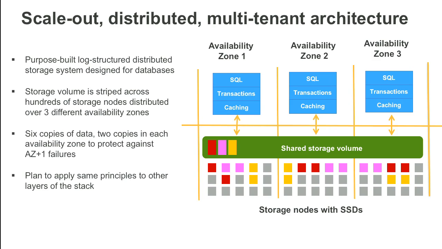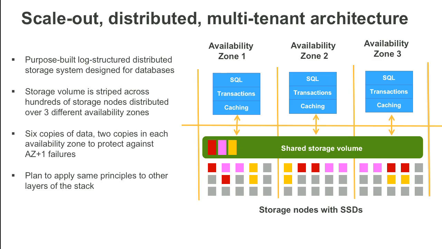So let's start with the first big pillar, if you will, a scale-out distributed multi-tenant architecture. Normally, if you think about a database engine, you would have a SQL execution layer, a transactions system, a buffer cache, and a logging and storage component. Aurora took the logging and storage component and built it out as a separate scale-out service, which is log structured and optimized for OLTP database workloads.